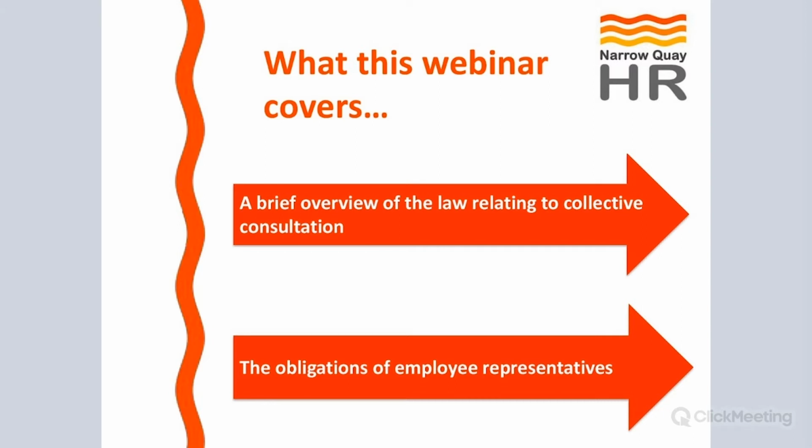So where you've conducted a large-scale redundancy process and haven't got the process correct, it can be a big amount of money. And the other thing to say is that the tribunal will always start from the position of 90 days pay as the award, and then will work backwards depending on the defence that an employer can put forward.